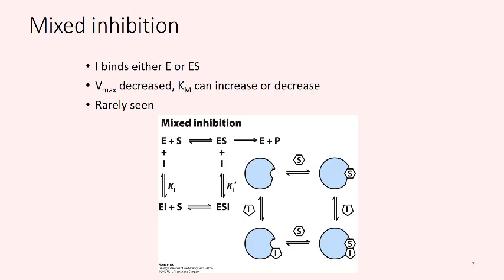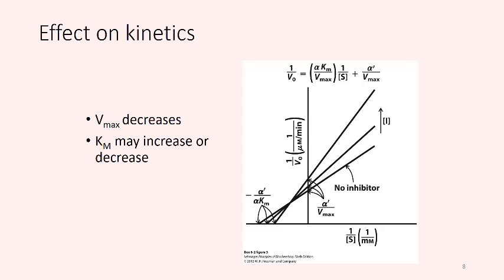The hallmark Lineweaver-Burk plot for this mode of inhibition is that the lines are going to intersect. Both the Vmax of the enzyme, so the y-intercept, and the slope are changing, so the lines are going to intersect, but not on the y-axis. They're going to intersect to the left or to the right of the y-axis.